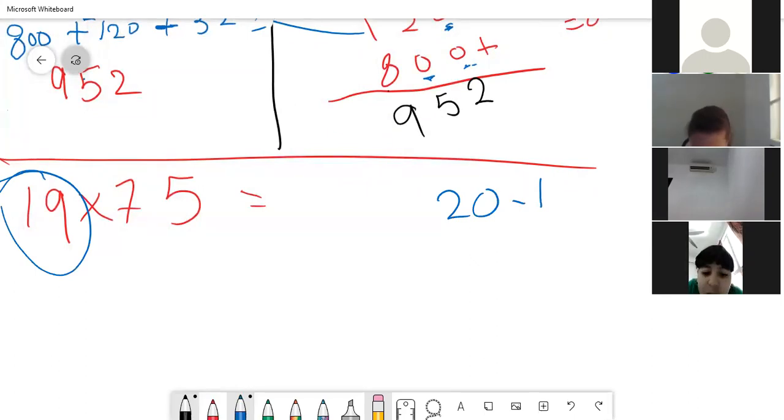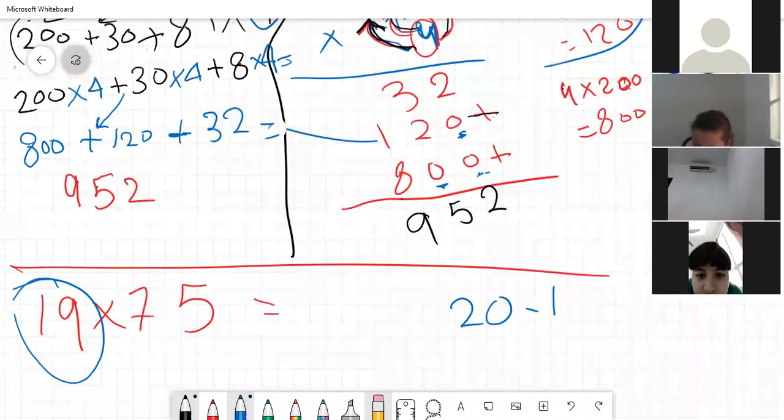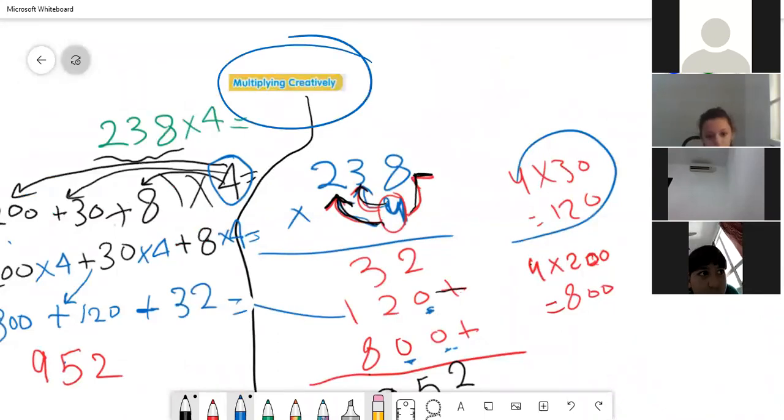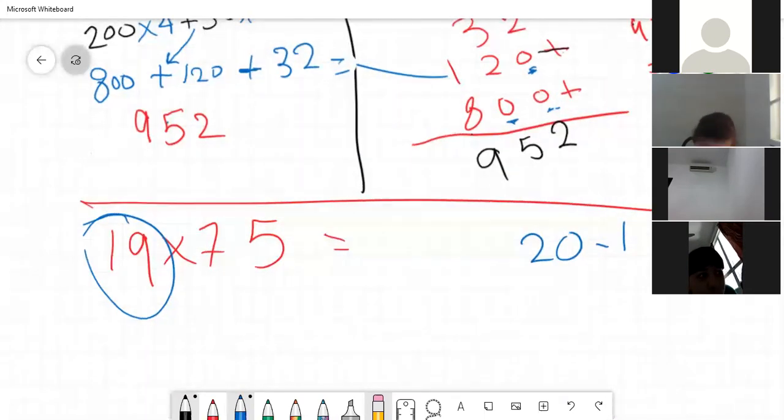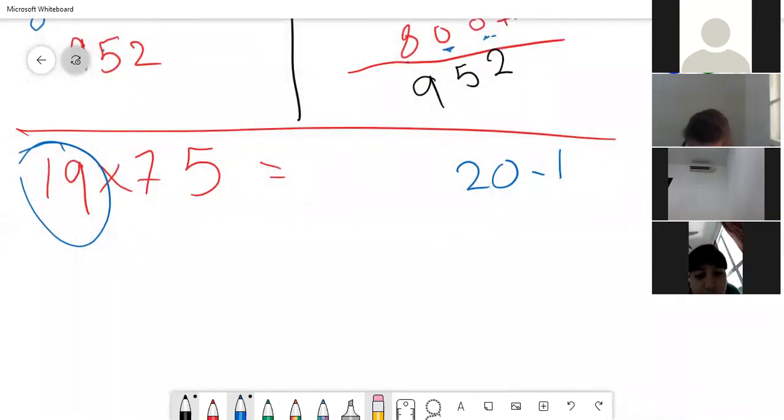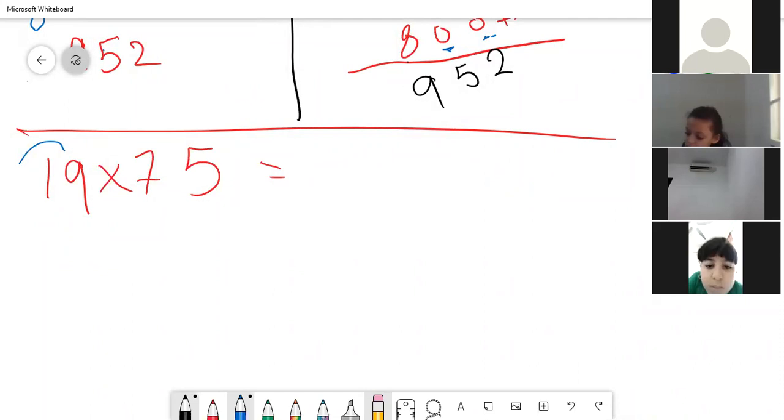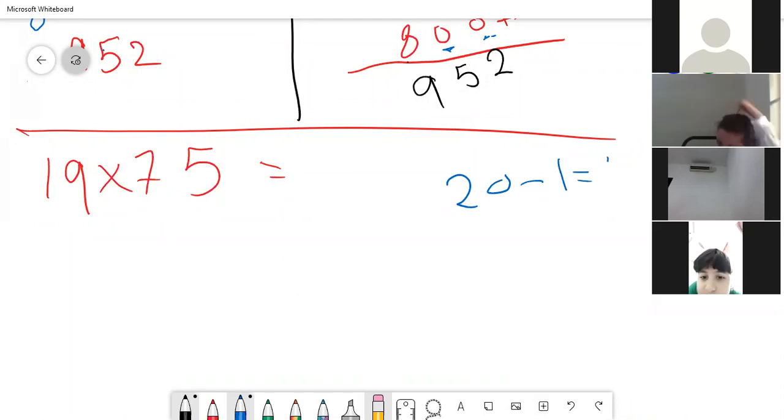So today we need to be creative. We need to multiply creatively, okay? So we need to create new ideas. 20 minus 1 equals 19.